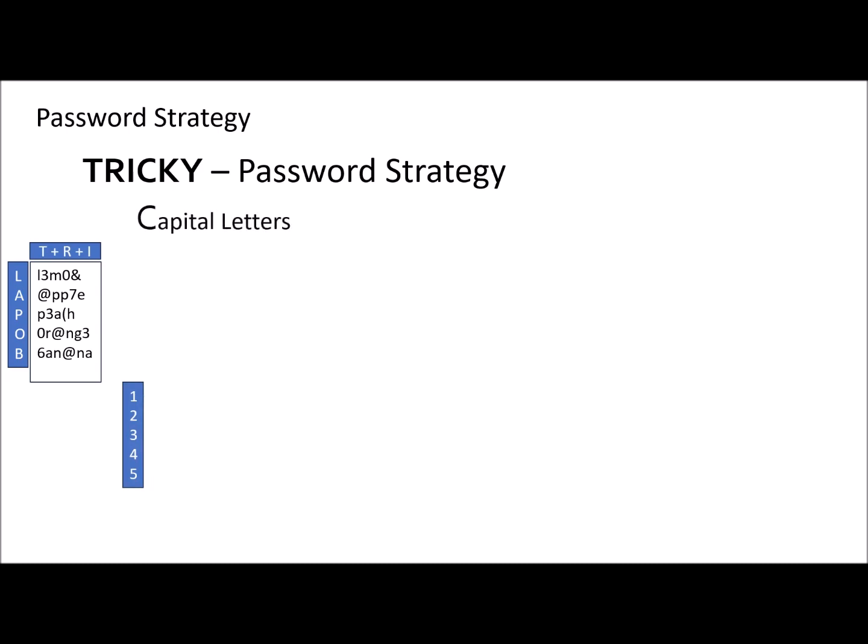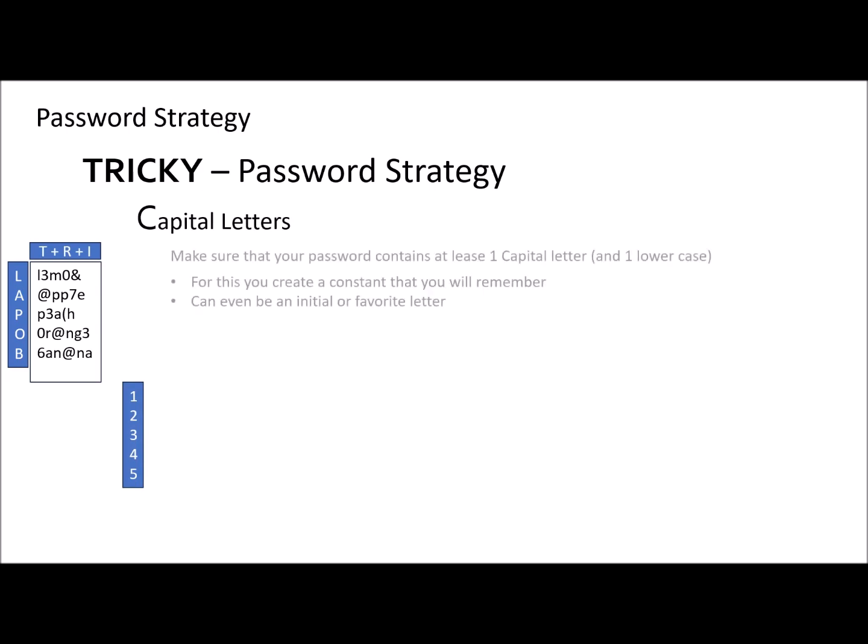The next thing we want to do is put in our tricky password a capital letter. This can be anything. This can be your initial or anything that you want to use. Let's use the example here where we just put a capital J. That will just be a capital placeholder within our password.